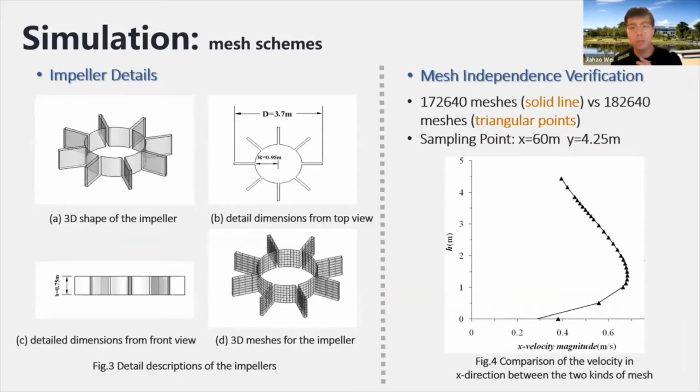Then, in order to meet the simulation requirement, two different kinds of mesh are computed respectively under the same initial and boundary conditions. Figure 4 shows the comparison of the velocity component in the x direction along the vertical line at the sampling point, which shows good agreement and validates that the computational grid with 172,640 cells is an independent one.